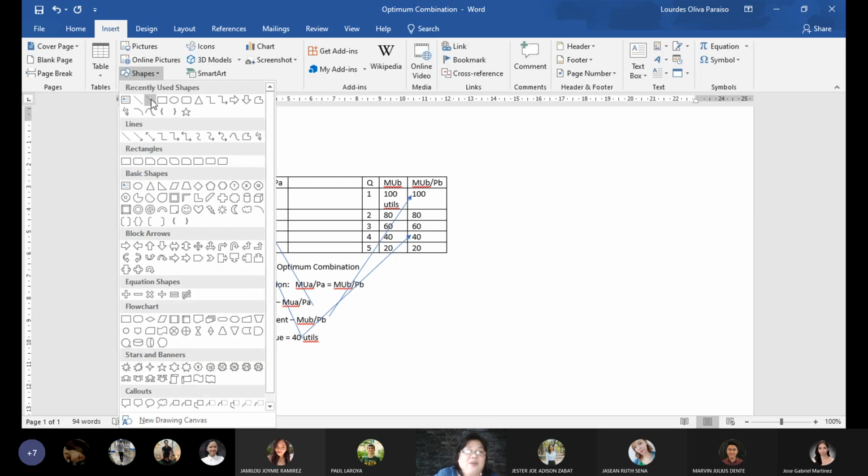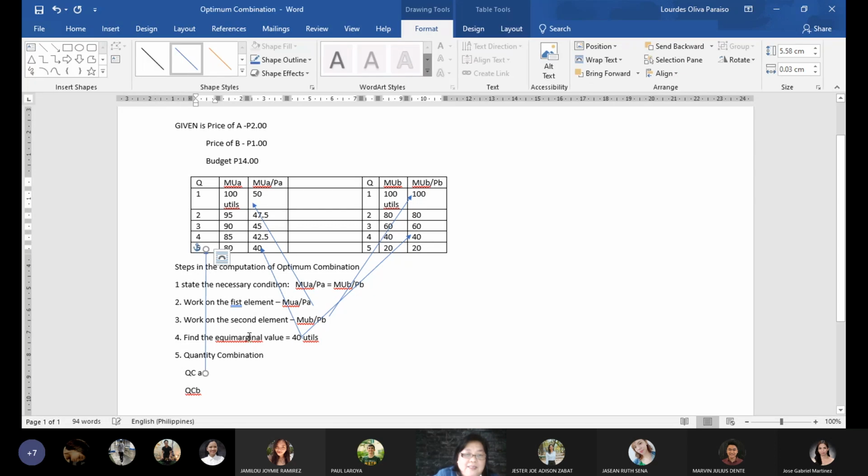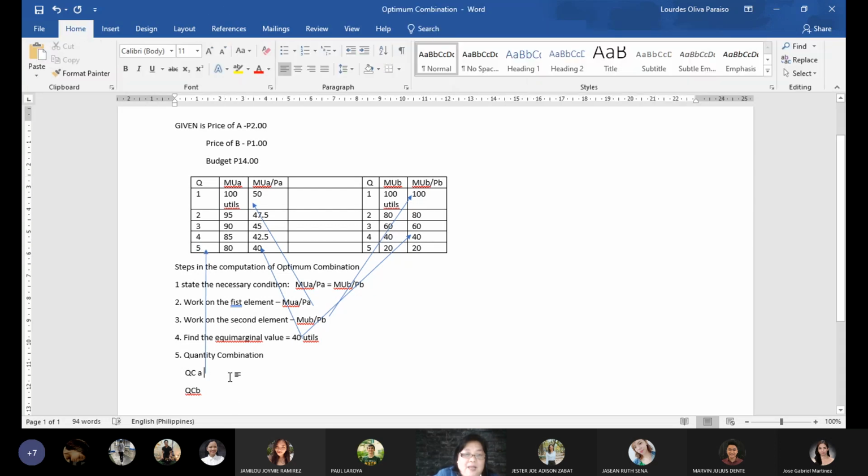Your quantity for good A when you have an equimarginal value of 40 is 5. Am I right? 5.